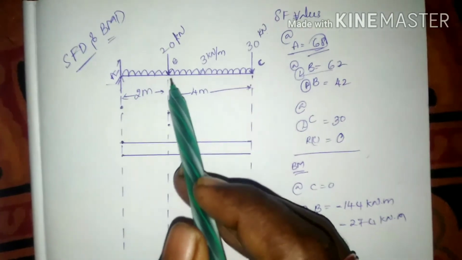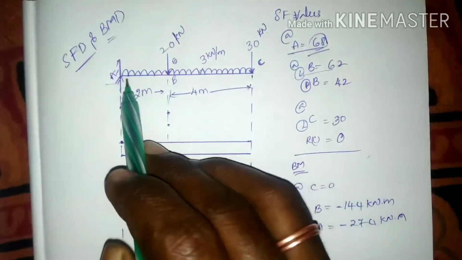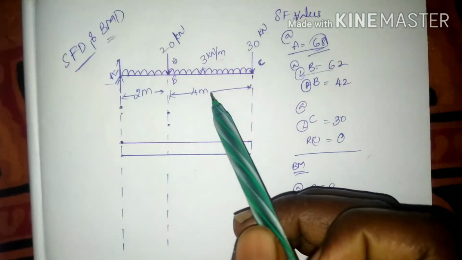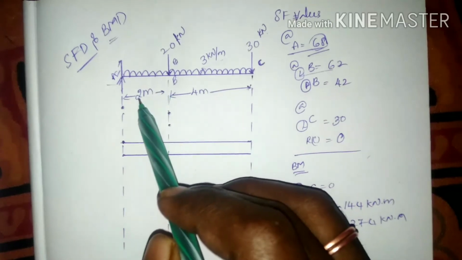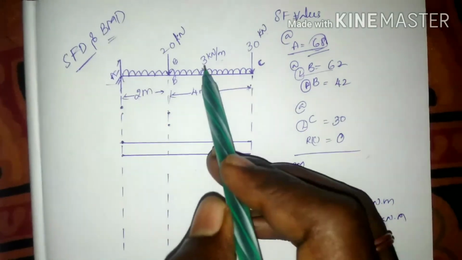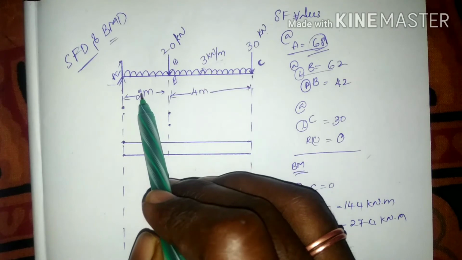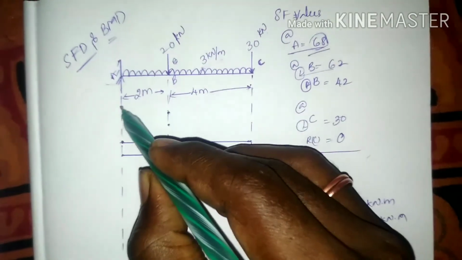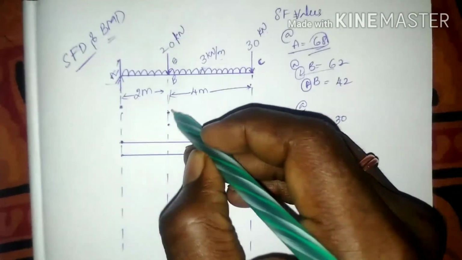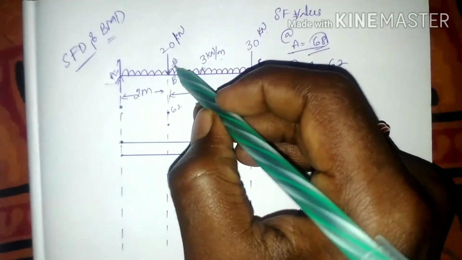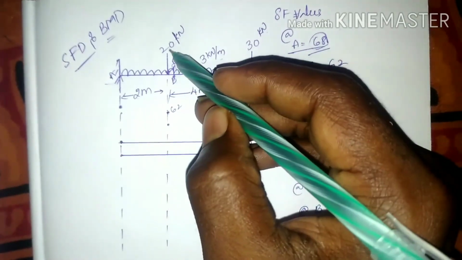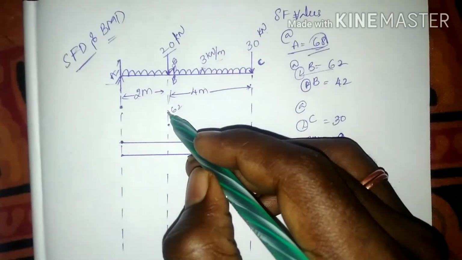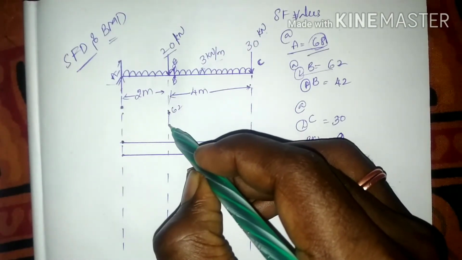Going on to point B, we have a UDL of 3 kilonewton per meter over a distance of 2 meters, so 3 into 2 is 6 kilonewtons, so it decreases from 68 to 62. Then to the right of B, we have a 20 kilonewton load in the downward direction, so it decreases to 42.